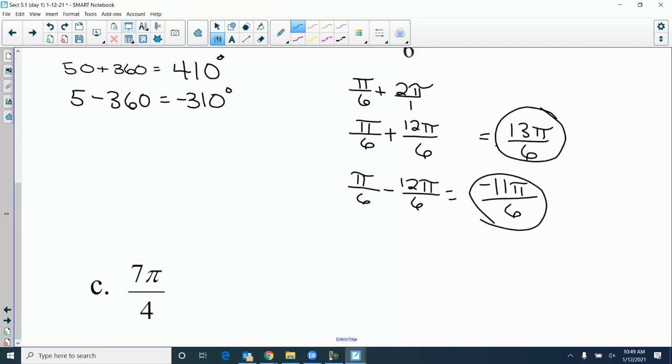Now for C, you do 7 pi over 4. You do the positive, you do the negative. Good practice for you, Cole. Add 2 pi, subtract 2 pi.